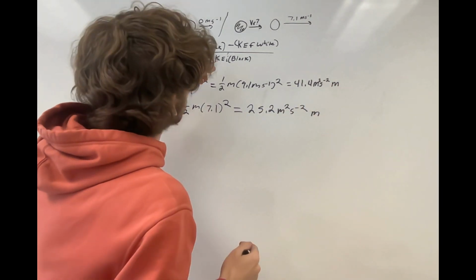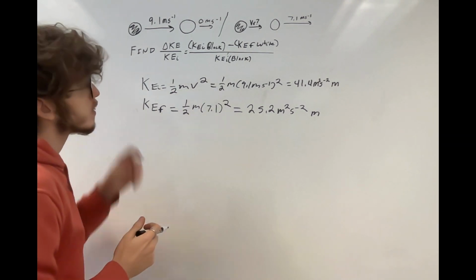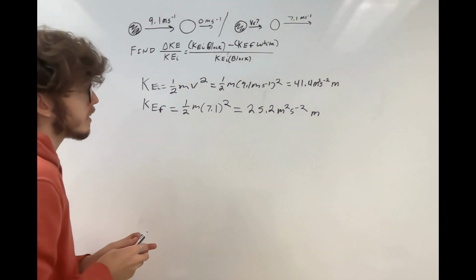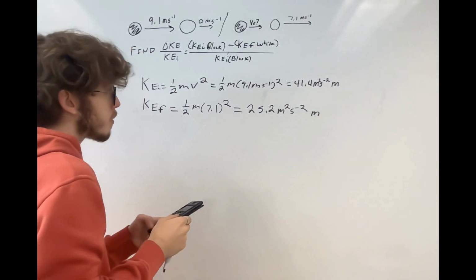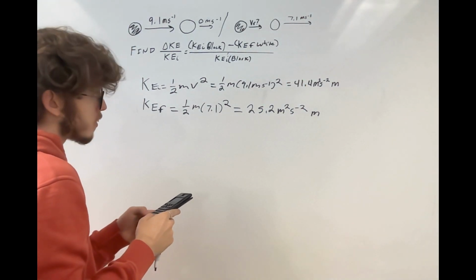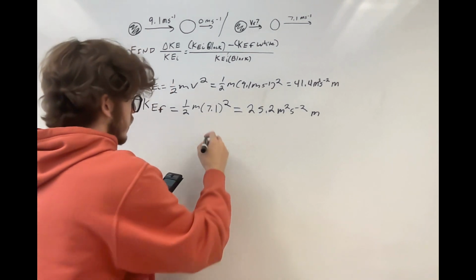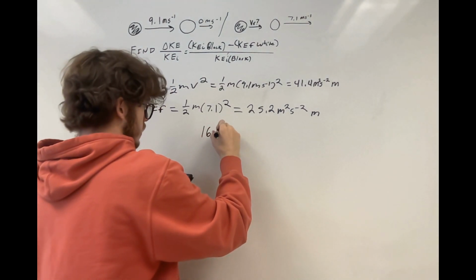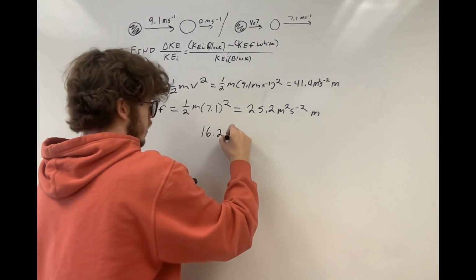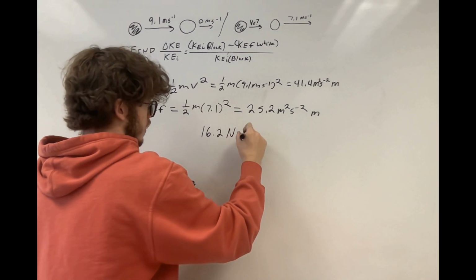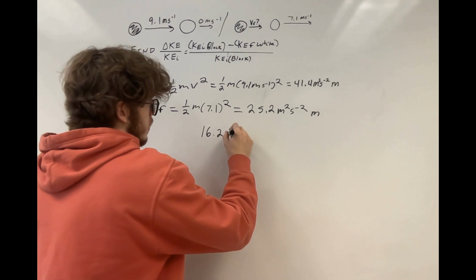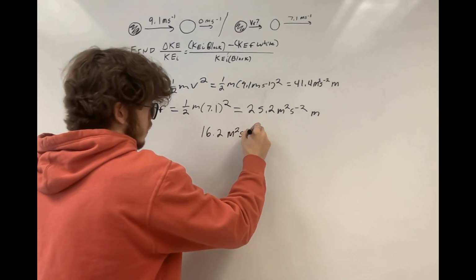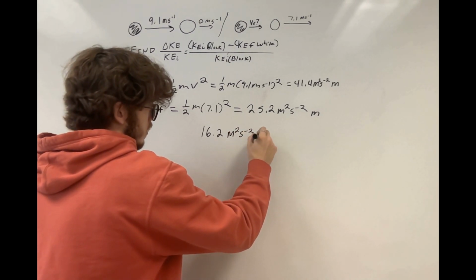Now we can find that fractional difference. So let's take the difference. It's going to be the absolute value of the difference of these, so 41.4 minus 25.2. The difference in kinetic energies is, we're going to keep the units absolute here to keep things dandy.